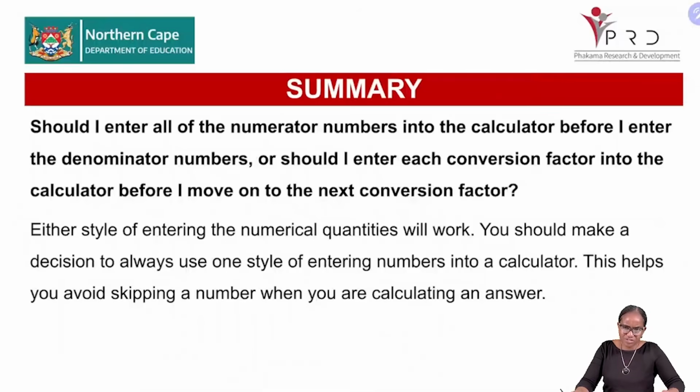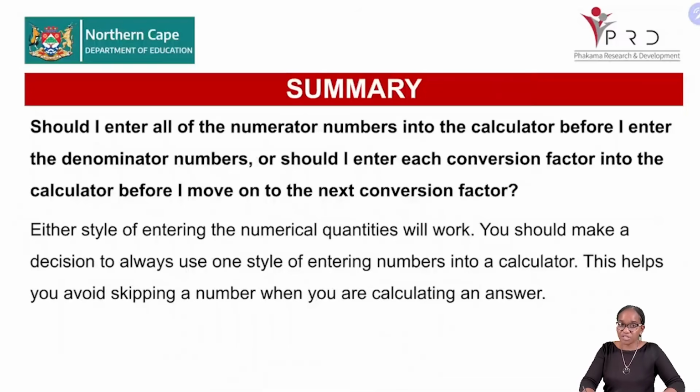Then many of you students usually ask, should I enter all the numerator numbers into the calculator before the denominator numbers, or should I enter each conversion factor into the calculator before I move to the next conversion factor? Well, our calculators are now smart. No, most of our gadgets are now smart.